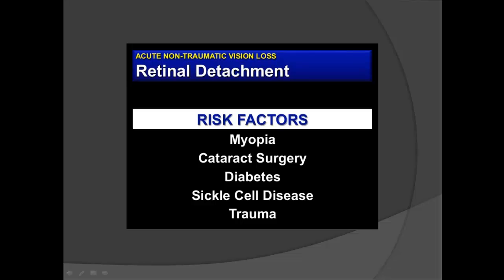So first thing I want to talk about is retinal detachment, which can be on your differential when you have acute non-traumatic vision loss. The risk factors for retinal detachment are increased age, myopia, cataract surgery, diabetes, and sickle cell disease.